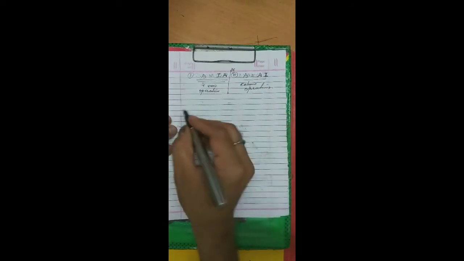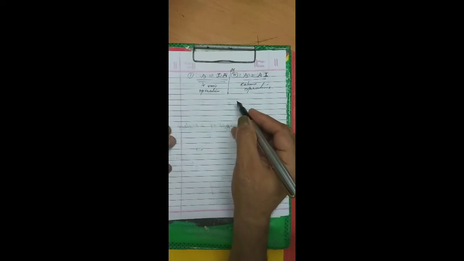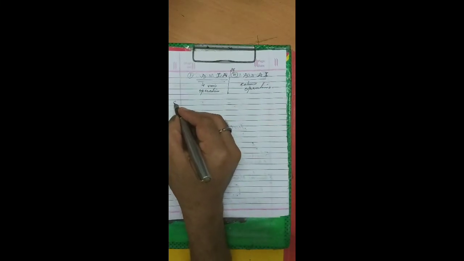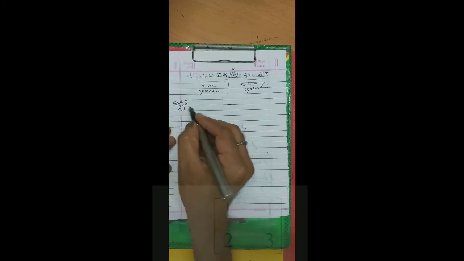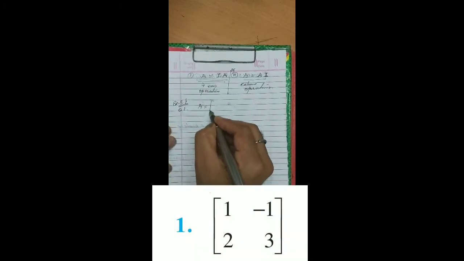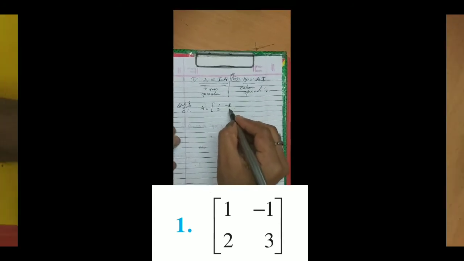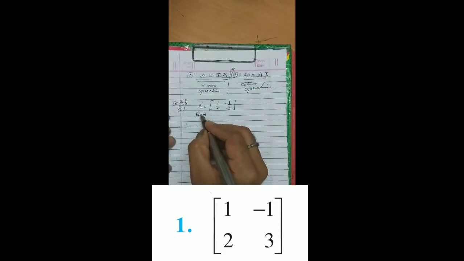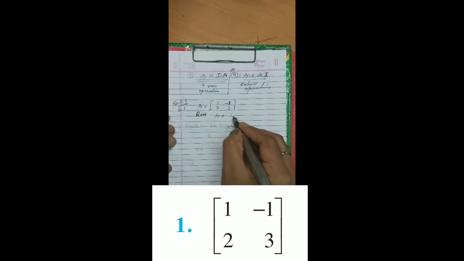So let us take one question, and then I will explain what all the operations are. We start exercise 3.4, question number 1. We have matrix A = [1 -1; 2 3]. We apply elementary operations and we go by the row method. So we will write A = IA, identity matrix into this thing.